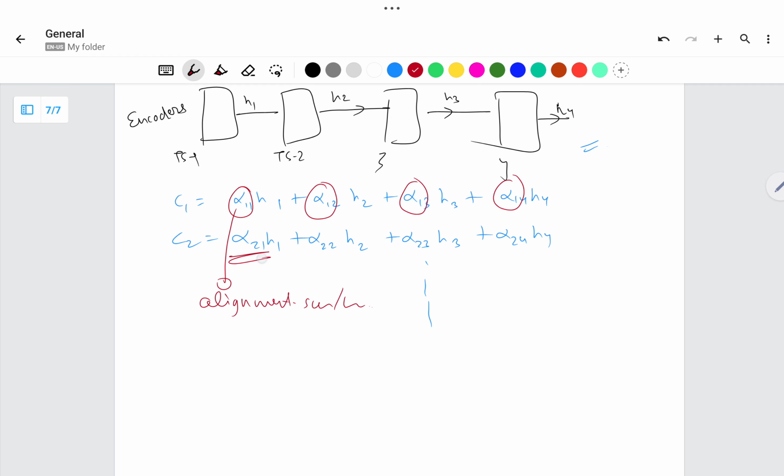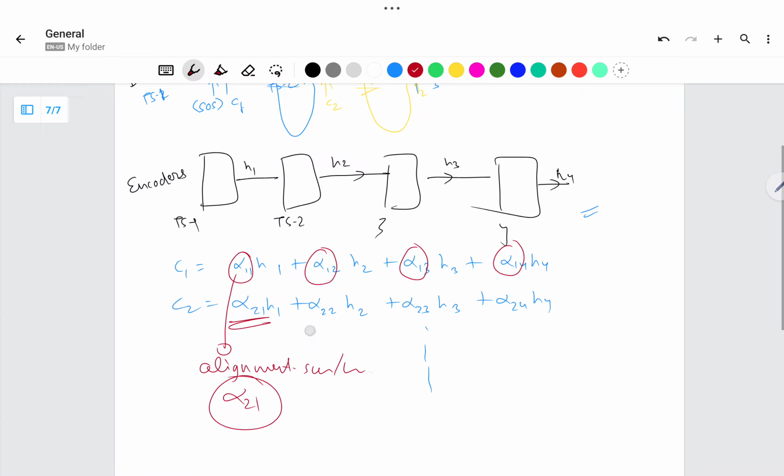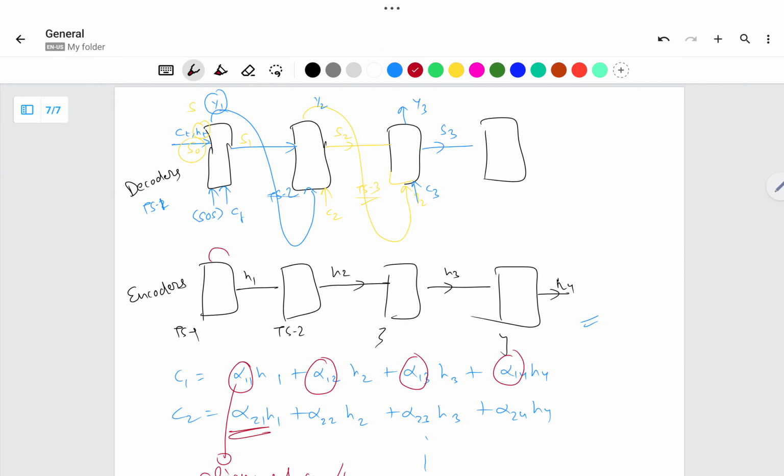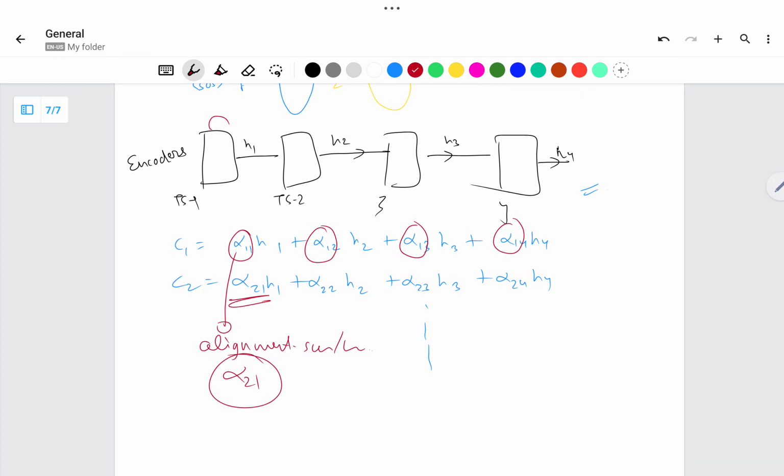If we take alpha 21, okay, let's do some discussion on this. So alpha 21 basically gives information of how much role the first element of the encoder block, the first output, would play in the output generation in time step 2.